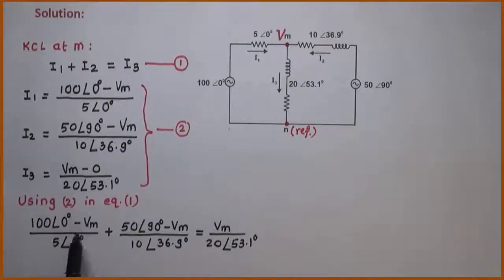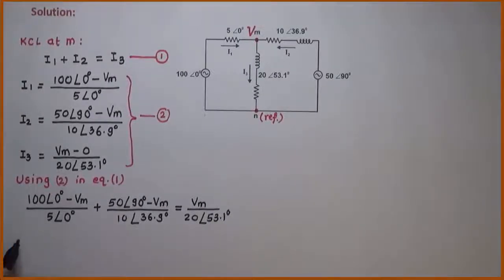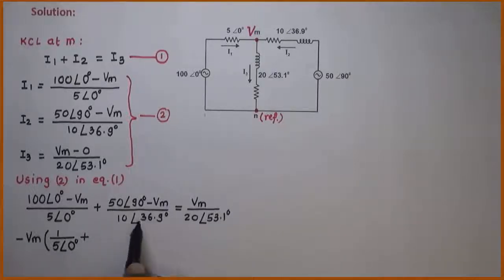Now let us combine Vm terms together and all constants on the other side. If we take this minus Vm common, it is Vm bracket 1 upon 5 angle 0 plus Vm common, 1 upon 10 angle 36.9 degrees.